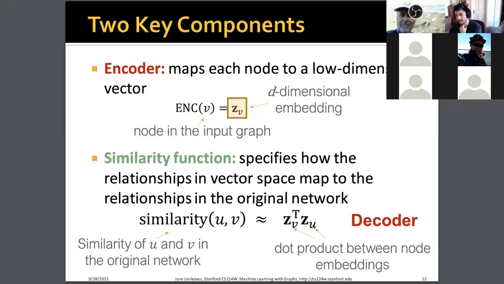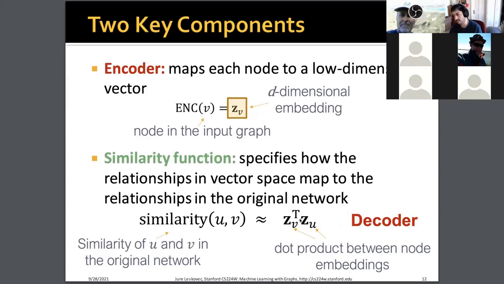We want to take these two embeddings. Imagine this is a 100 dimension vector and this is a 100 dimension vector, and we want to say if these are similar. What the decoder does is take both of these and return some value, 0 to 1, basically telling us if it's similar or not. That's the function of the decoder.